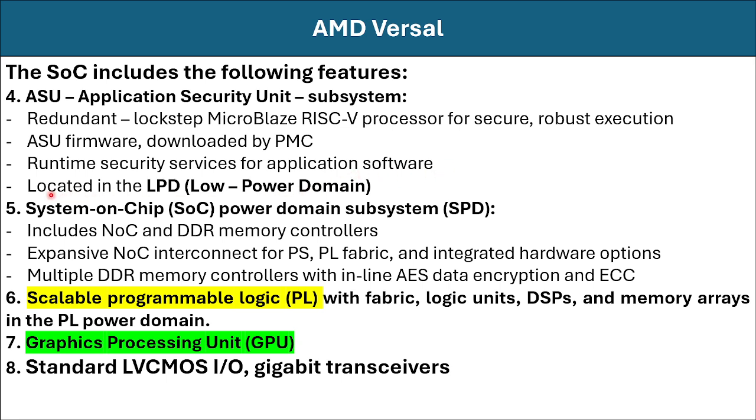Also located in LPD, low power domain. So it means that the ASU, this application security unit, is inside of this LPD, low power domain. We will see on the diagram what this exactly means.